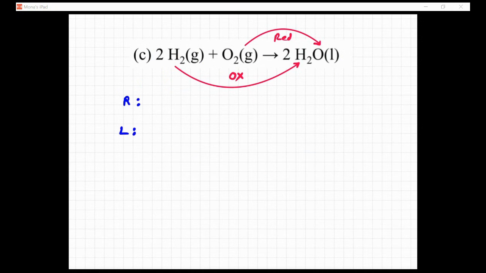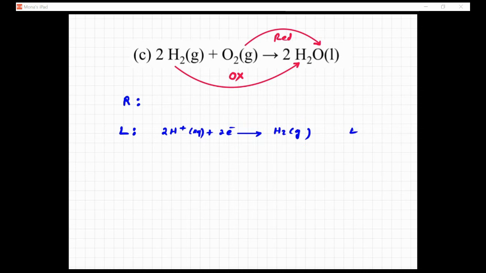We have 2H+ plus 2 electrons giving us H2 gas. Of course, the H+ is aqueous here, and the H2 is a gas.